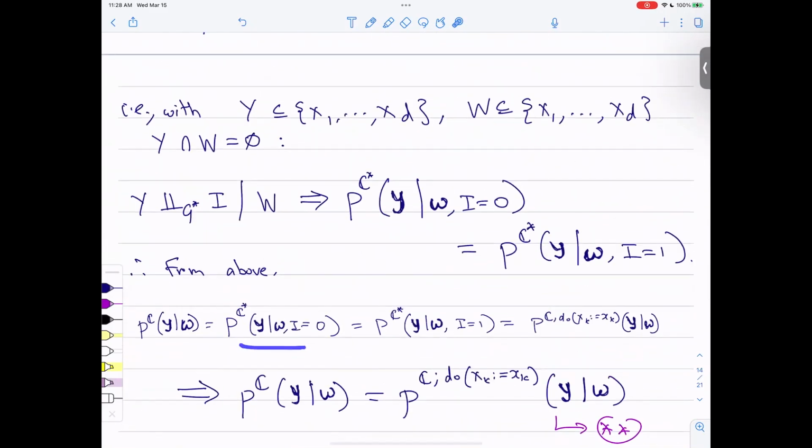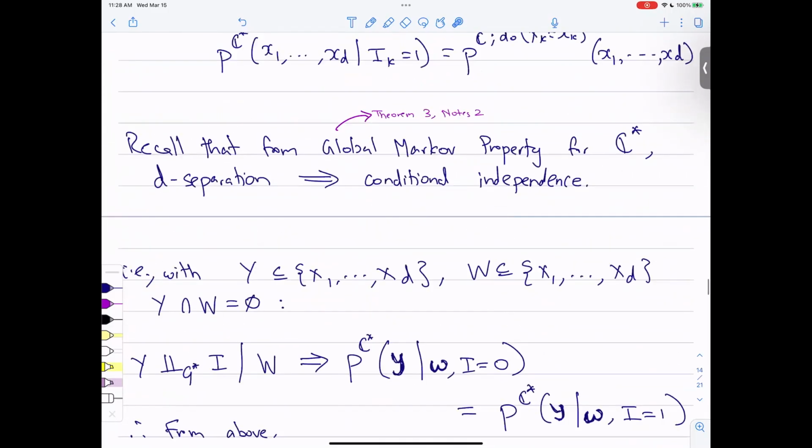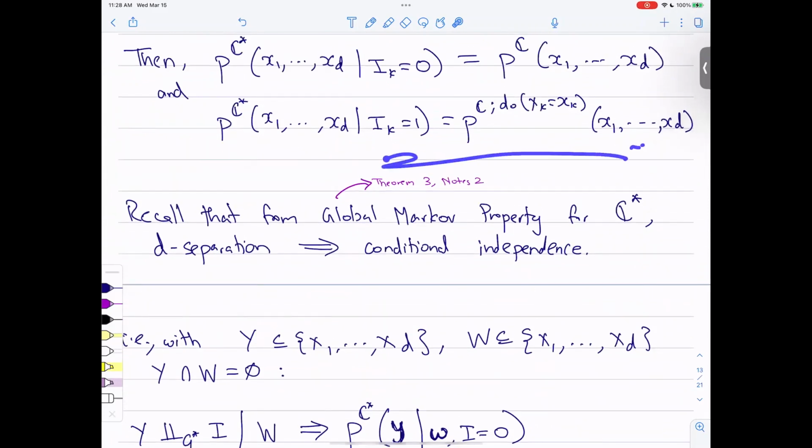This is equal to, from this graphical d-separation property, I can change I equal to 0 to I equal to 1. That is this equation here. Then go back this way here.